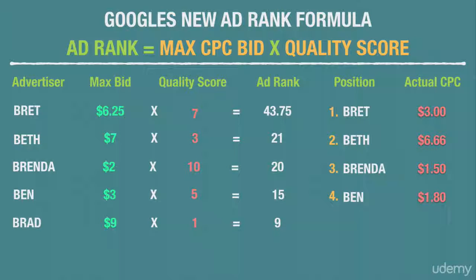Now you have a very good understanding of exactly how the AdWords auction works, how your actual cost per click is calculated, what your ad rank is, but one very important question remains. How do I diagnose quality score issues in my account? How do I figure out which ad groups, which campaigns, which keywords are suffering with quality score?